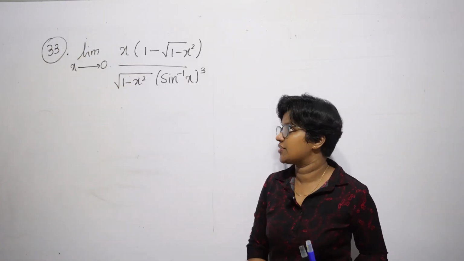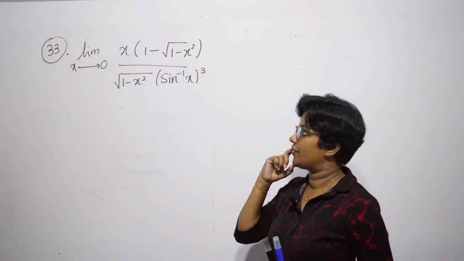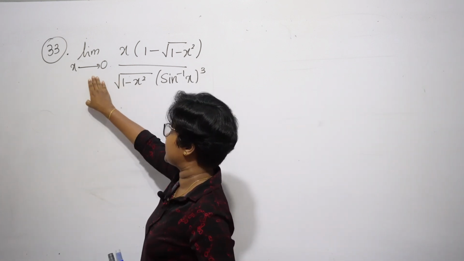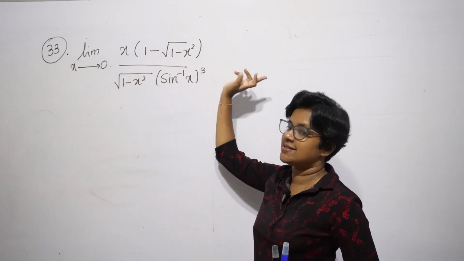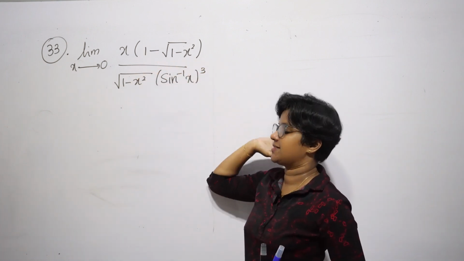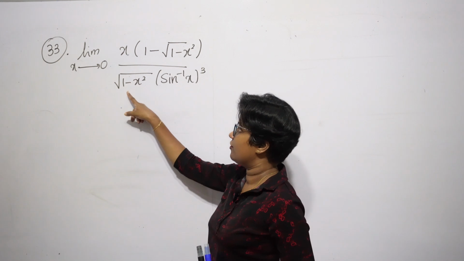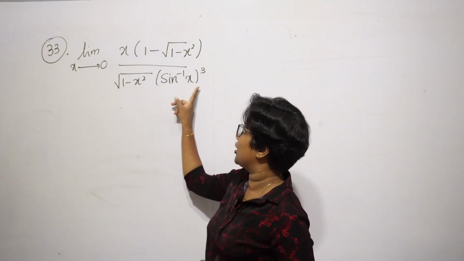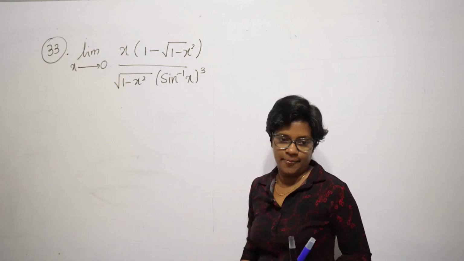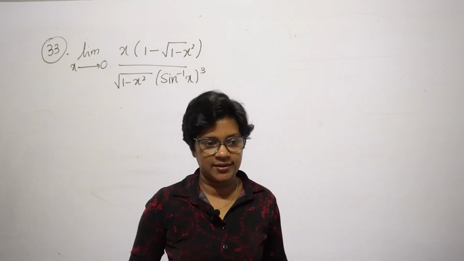Let's do question number 33. The limit as x approaches 0 of x times (1 minus the square root of 1 minus x squared) over (the square root of 1 minus x squared times the cube of sine inverse x). Now, what did you learn?